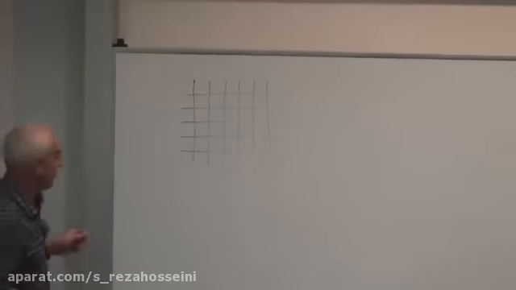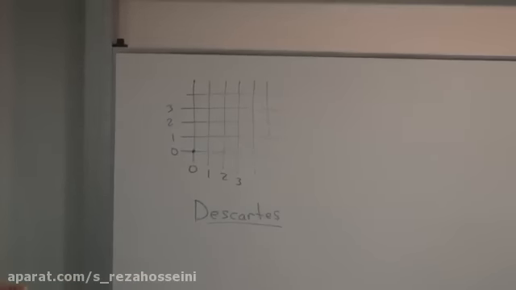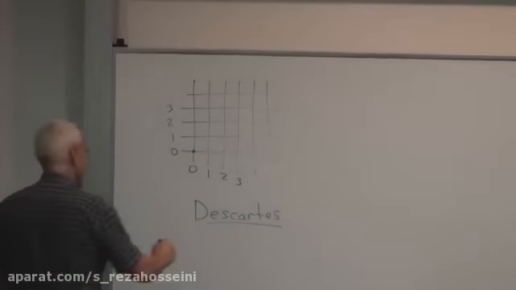This kind of coordinate system only arose in the European era, basically due to the work of Descartes. We sometimes call this a Cartesian coordinate system because of Descartes.